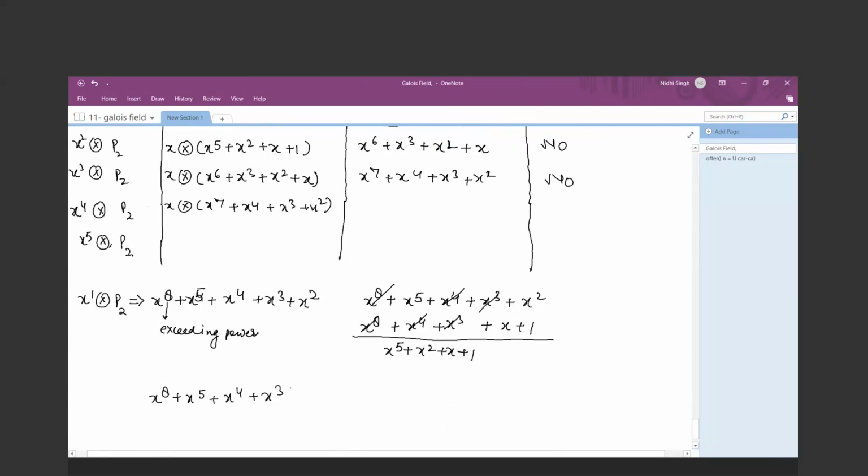And for the reduction, you have to perform the XOR operation with the irreducible polynomial. Cancel the common terms. So the answer is x5, x plus 1.